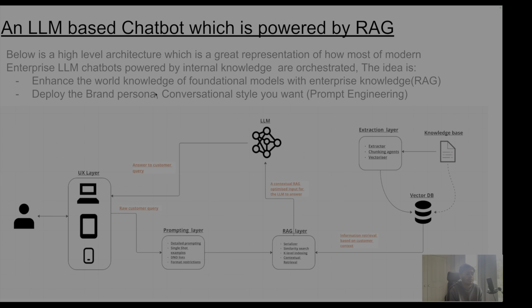Alrighty. First thing before we begin, everyone should understand that in today's world, every enterprise chat application, or every successful chat application that we see, is powered by a large language model, or a better representation, a good enterprise RAG, the retrieval augmented generation.